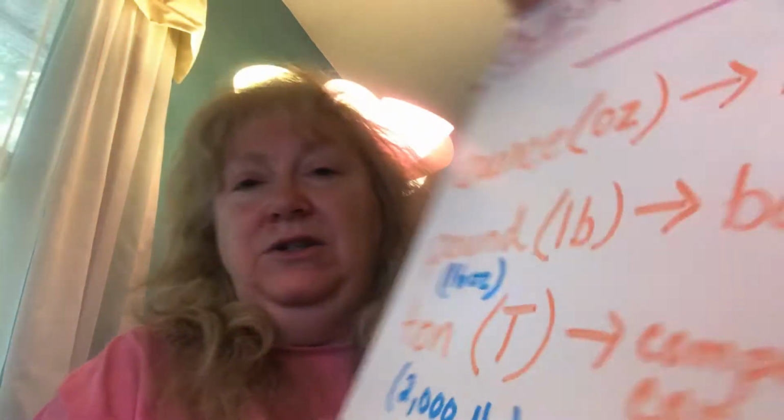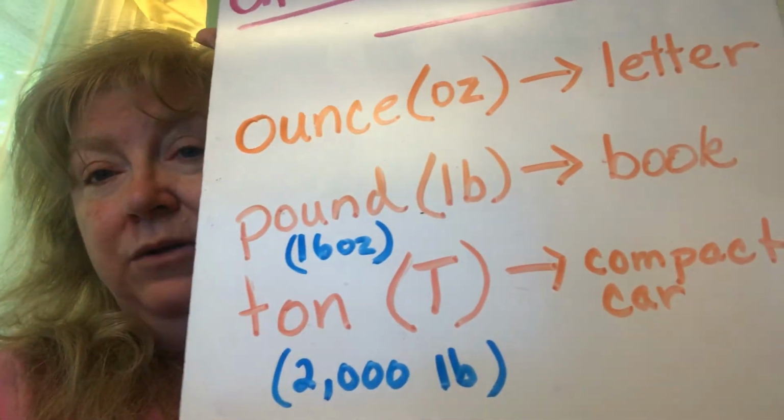Alrighty, so what if I said that 1 pound equals 16 ounces, just like we wrote on this chart. How many ounces would 3 pounds be? So it would be 16 times 3.